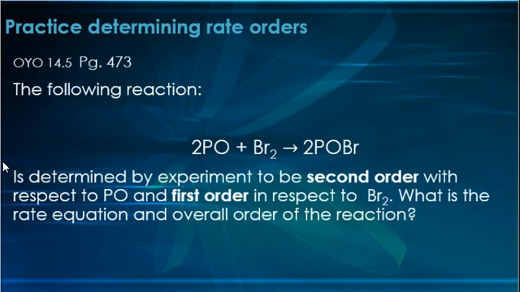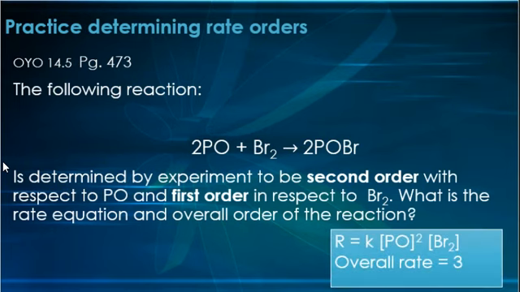All right, practice determining rate orders. I don't know if that page number is right, but this is apparently OIO 14.5 maybe. Might be from the old book. All right, 2PO plus BR2 equals 2POBR. It is determined by experiment to be second order with respect to PO and first order with respect to BR. What is the rate equation and the overall order of the reaction?